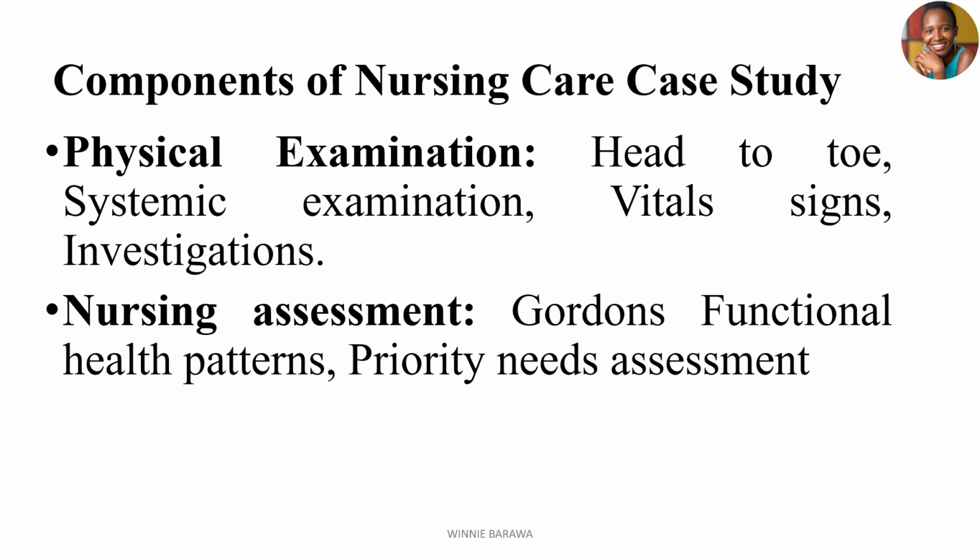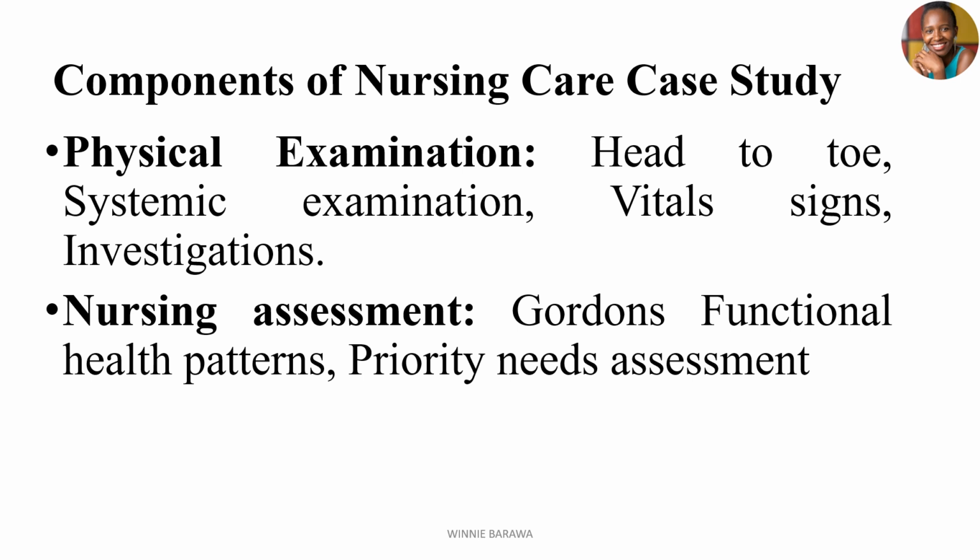But we are also going to check on health patterns, which we normally call Gordon's functional health patterns. Gordon's functional health patterns has 11 priority functional patterns that one has to look at as we are trying to understand the patient's needs.